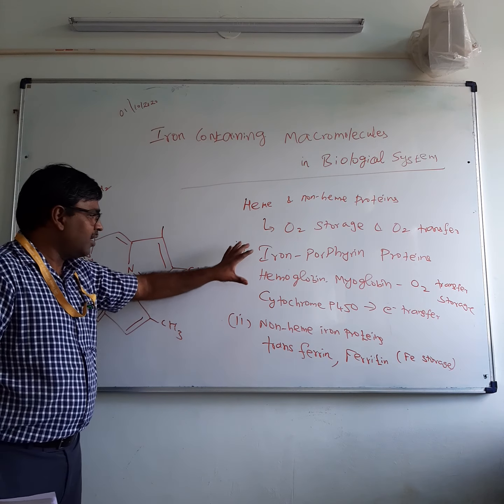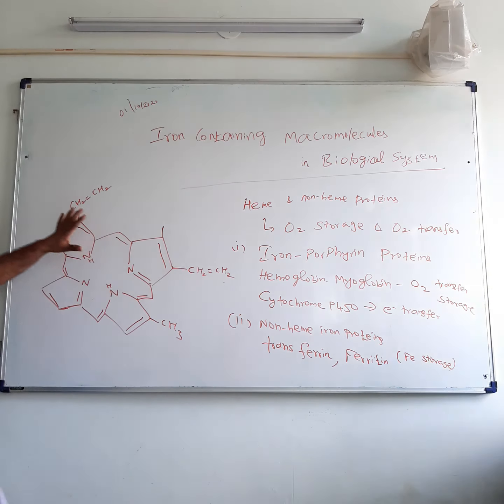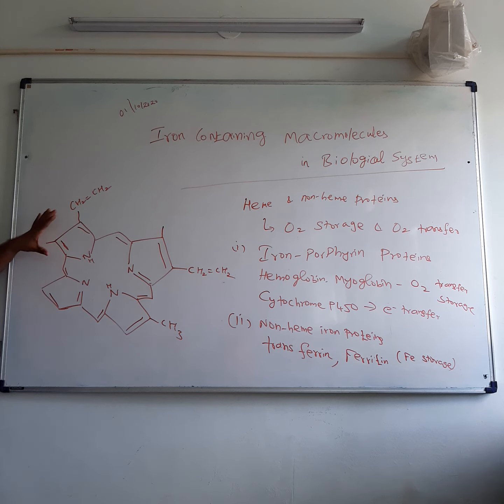Before going to that, what is a heme unit? Basically the heme unit is derived from the pyrrole unit. You can see 4 pyrrole units, 1, 2, 3, 4, which is why it is called a protoporphyrin unit.